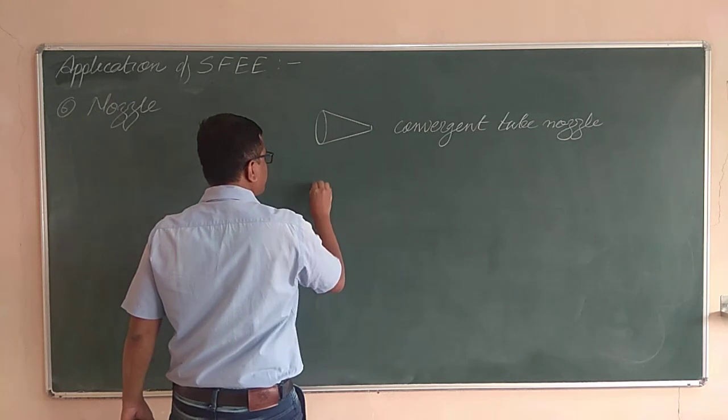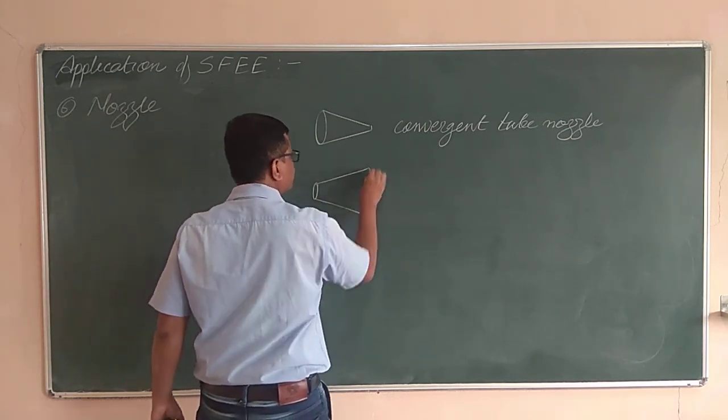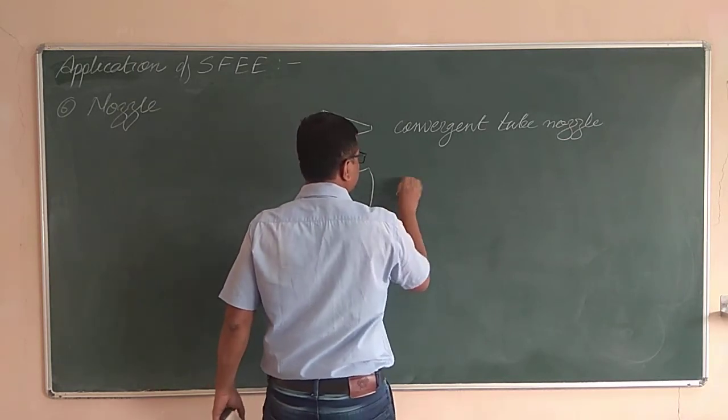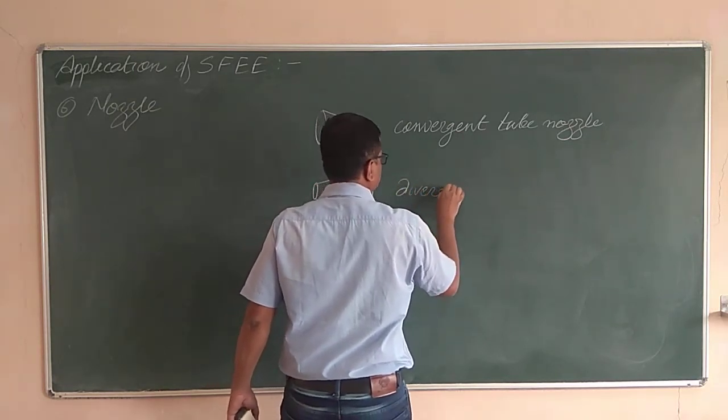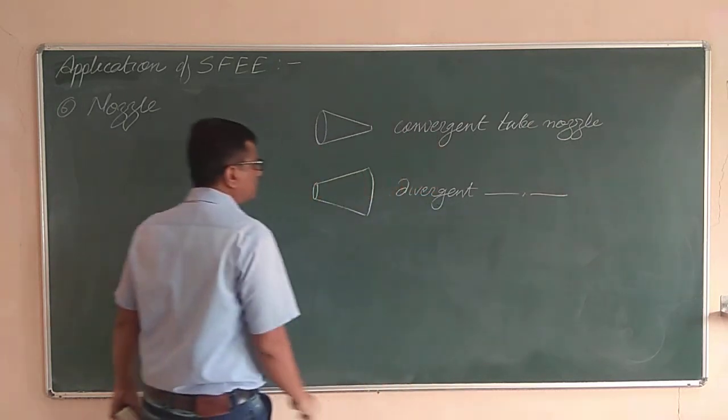Now there is one more type of nozzle which is known as the divergent tube nozzle.